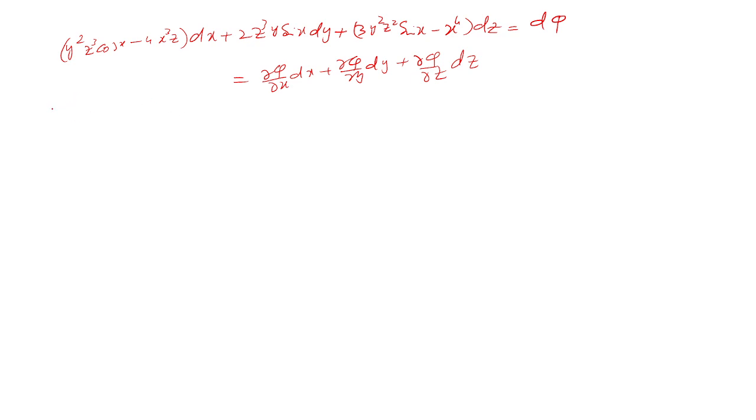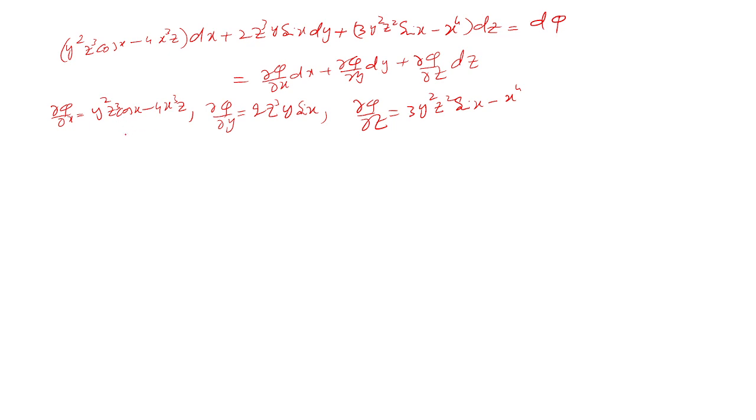Comparing on both sides, partial phi partial x is equal to the x component, that is y square z cube cos x minus 4x cube z, partial phi partial y is equal to 2z cube y sin x, and partial phi partial z is equal to 3y square z square sin x minus x4.